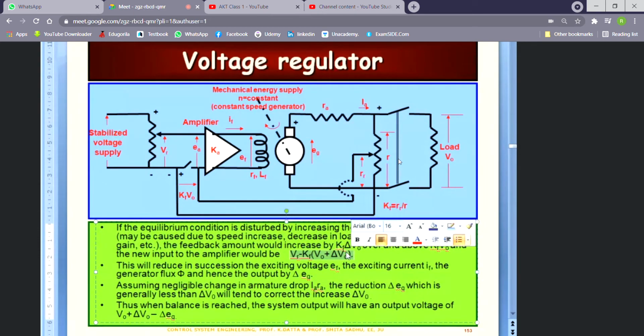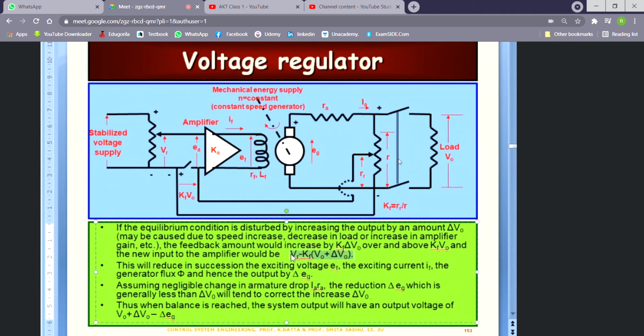This is going to be the EA. Now the new EA, after your VO has increased by an amount delta VO, will be equal to VR minus KF into VO plus delta VO, right? So now if you look at this, earlier the EA was equal to VR minus KF VO.